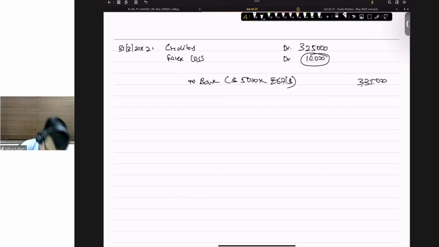Can I calculate this? Obviously you can. Your creditors were 5,000 into the initial rate of 65, and now it is 67.